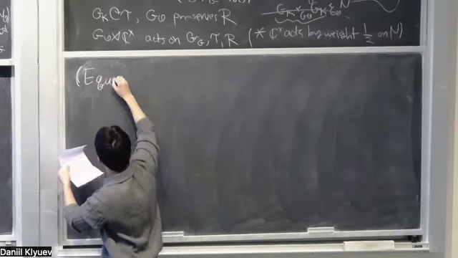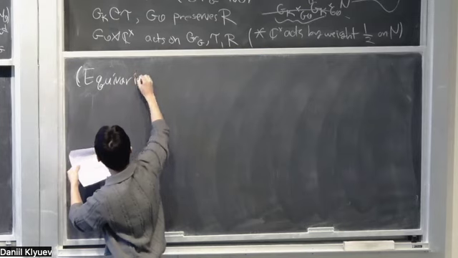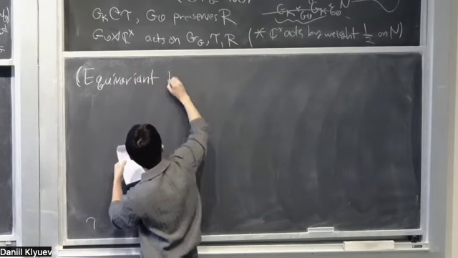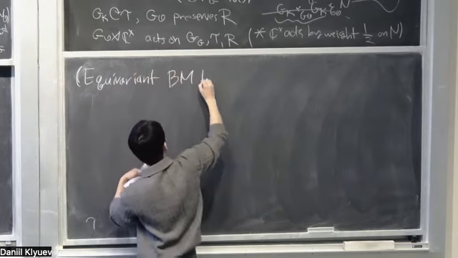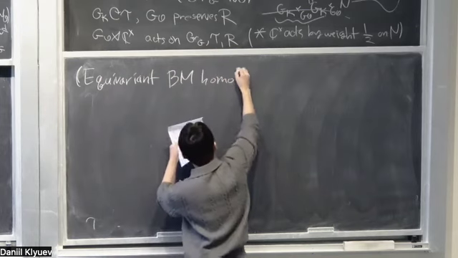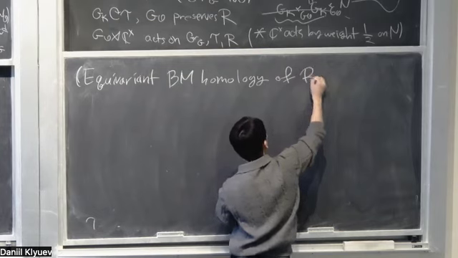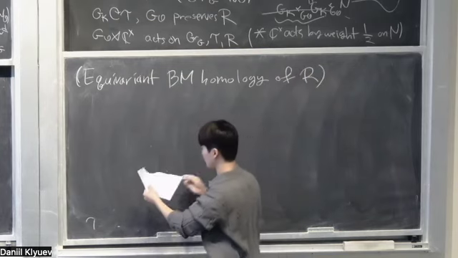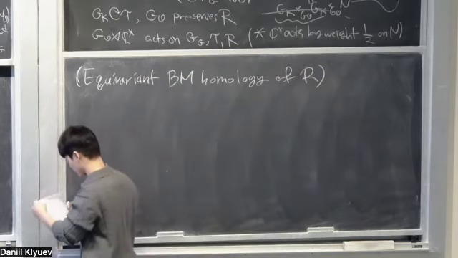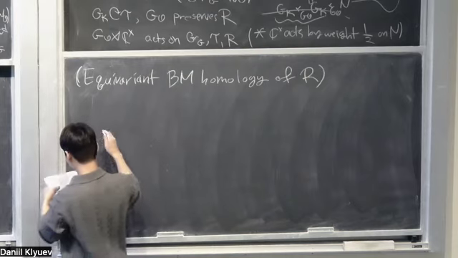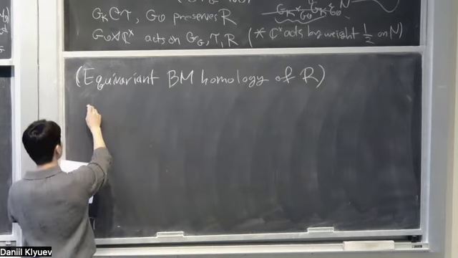And these let us define equivariant Moore homology of R, which will be the Coulomb branch algebra.